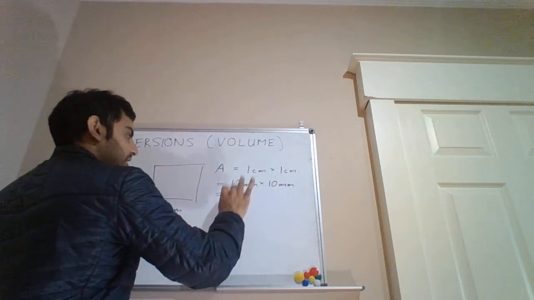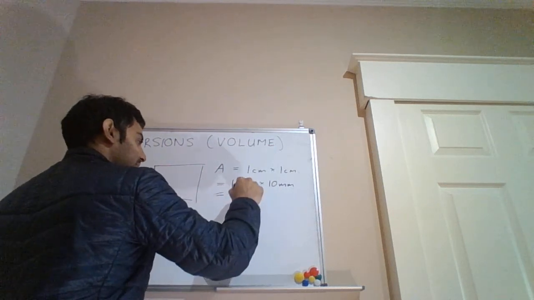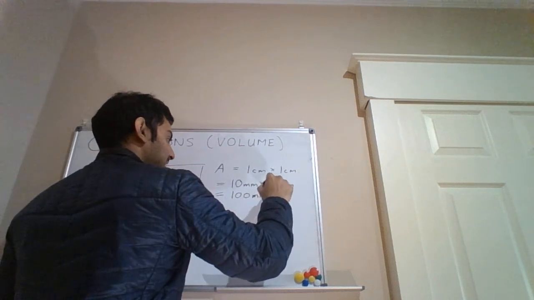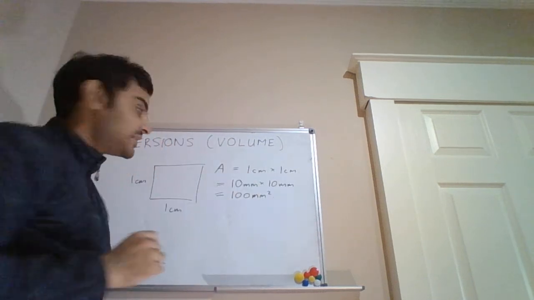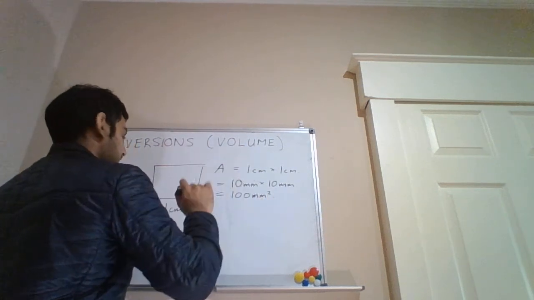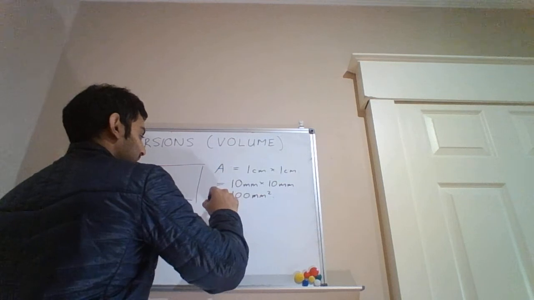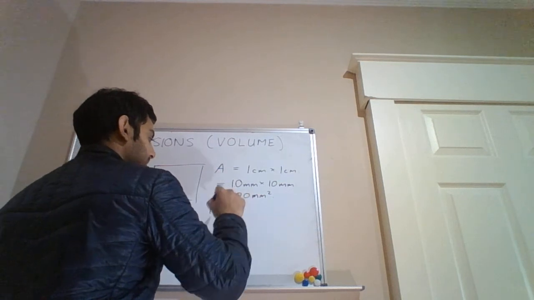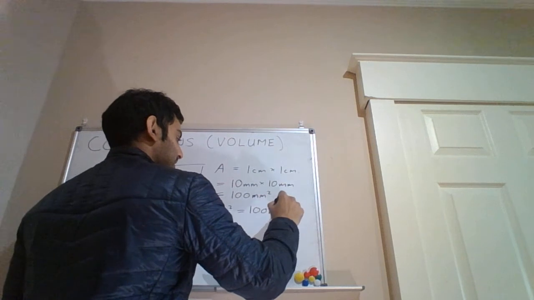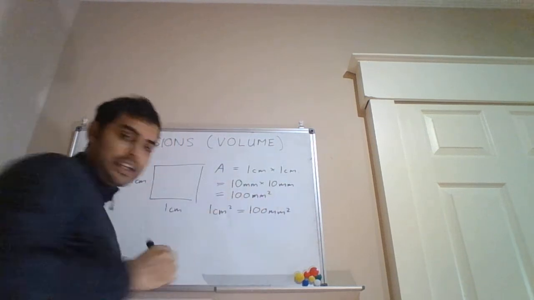So now when we calculate, it's 10 times 10, which is 100, and our unit is millimeters times millimeters, which is millimeters squared. So the area of this is 100 millimeters squared, but its area is also 1 centimeter squared. So 1 centimeter squared is the same as 100 millimeters squared.